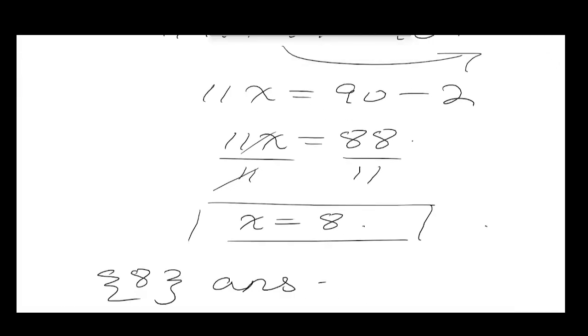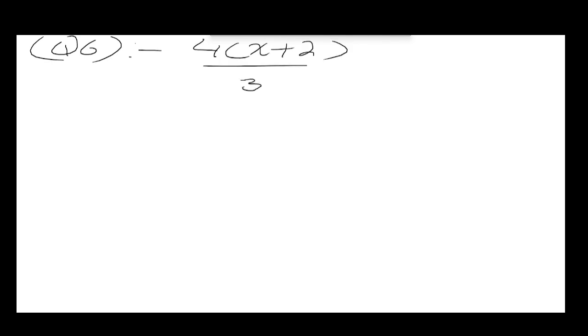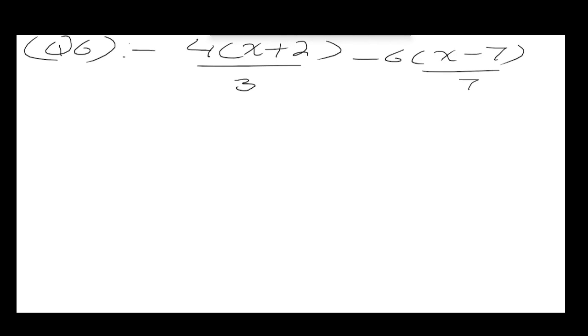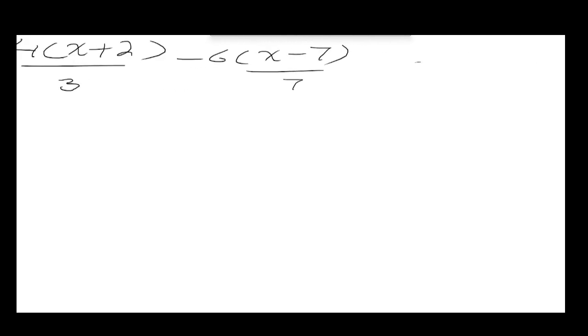Okay, so let's write the expression for question number 6 first. Question number 6. We have 4 bracket x plus 2 divided by 3. Then we can write minus 6 bracket x minus 7 divided by 7. After that we have is equal to 12.